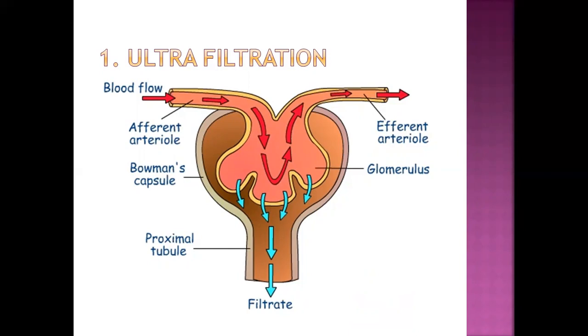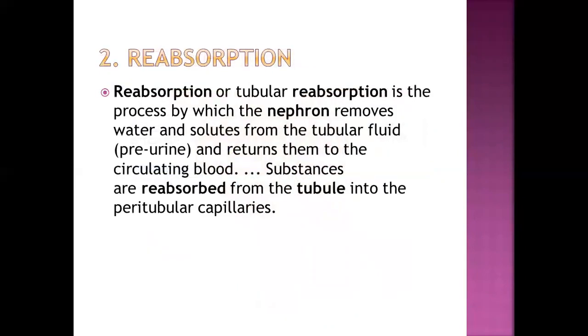One is the excretory products, which are not necessarily present in blood, but also some blood cells, some glucose molecules, and some water and salt molecules enter the Bowman's capsule because of the high pressure. So they will go back. This is ultrafiltration. After that, reabsorption occurs.